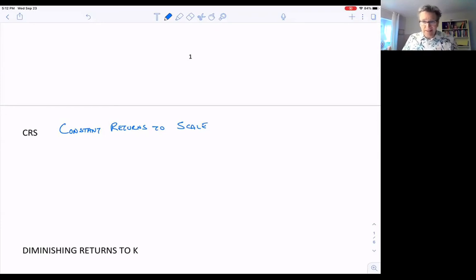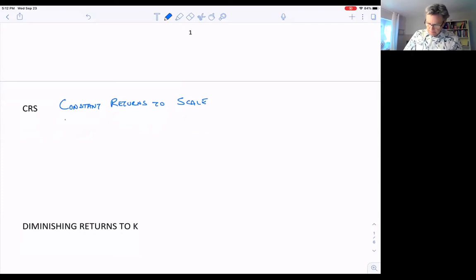Triple all inputs, you triple the outputs. So if we have something like Y equals A times K to the 1/3 times labor to the 2/3, the 1/3 and the 2/3 add up to 1, and that will give us constant returns to scale.